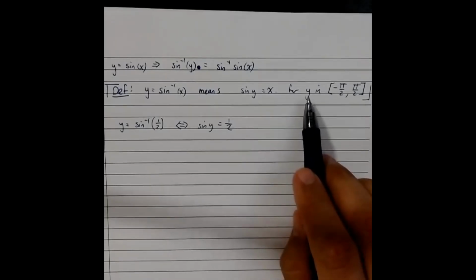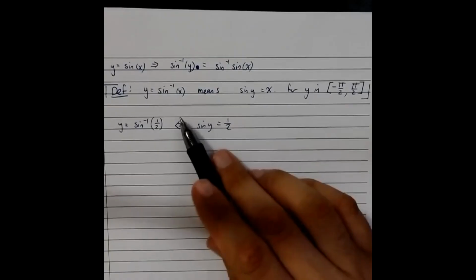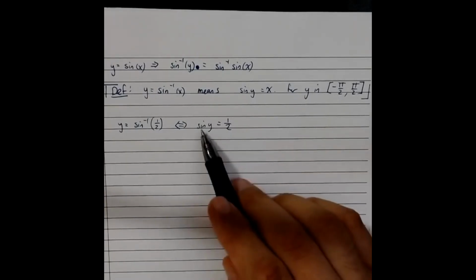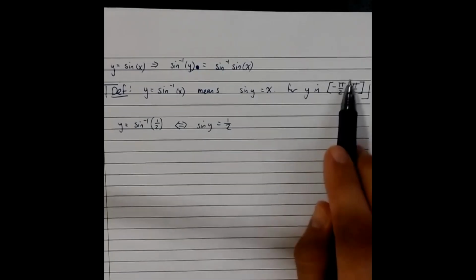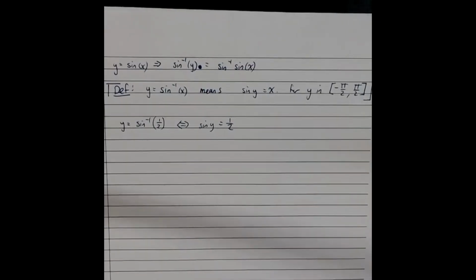Because here, by the restriction of our domain of the sine function that allows us to define the inverse function, that wouldn't fit inside of this restriction. Sine of 5 pi over 6 is 1/2, but 5 pi over 6 is not between negative pi over 2 and positive pi over 2.